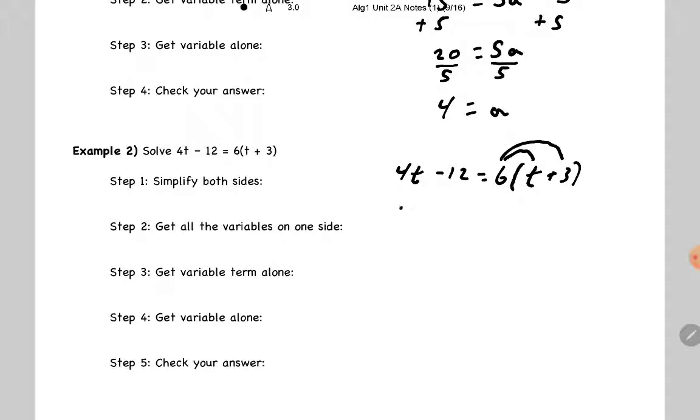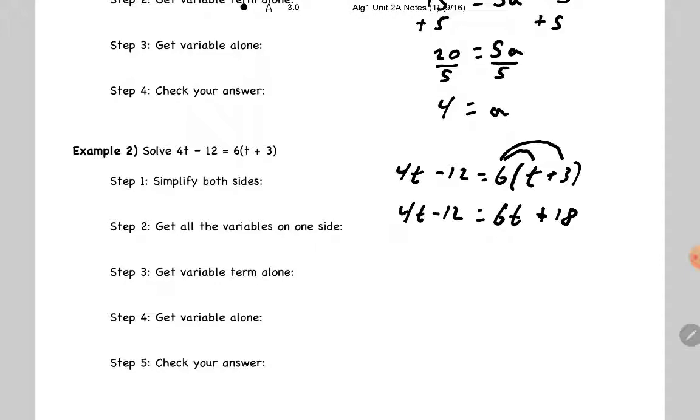On the left side, there's nothing we can do right now. So 6 times t is 6t. 6 times 3 is 18. Now, we're going to move it to one side. I'm going to choose right again.